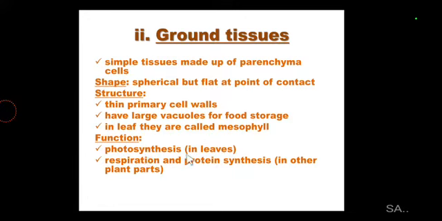Photosynthesis is basically the process of food manufacturing within the plant body which is happening in the leaves. And if the ground tissues are present in other parts, then they are performing the function of respiration and the protein synthesis in other parts of the plants.